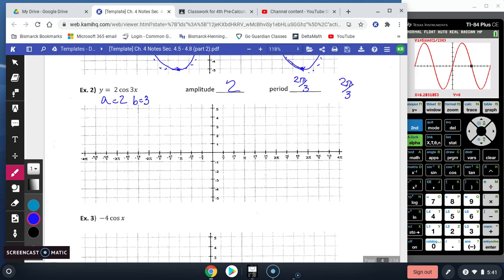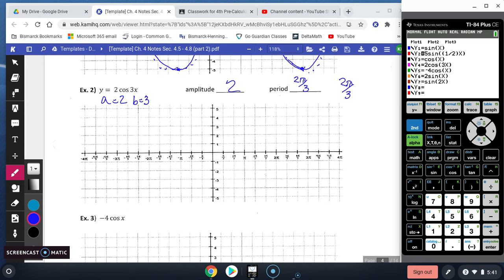All right, so let's go back over to my calculator here. Let's do this one, 2 cosine 3x. That's the one I want. So very squished up.